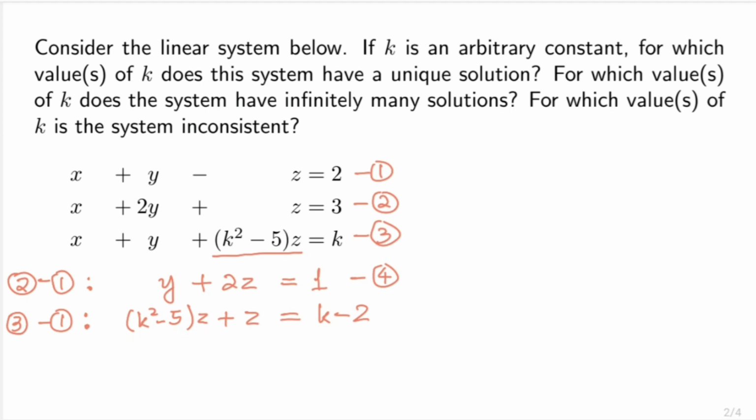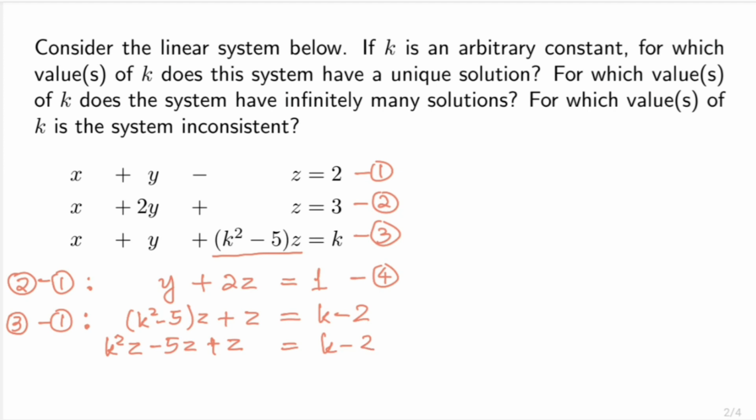What do we get? We have k squared times z. Then we have minus 5z. So let me write that: k squared times z minus 5z, then plus z, and that is equal to k minus 2. Then we can simplify further.